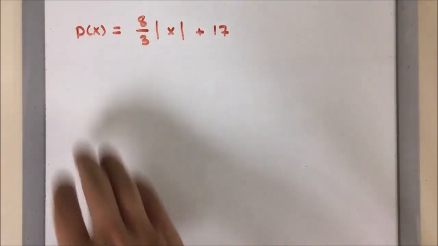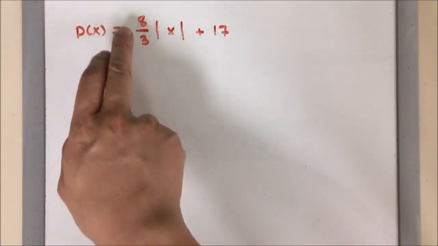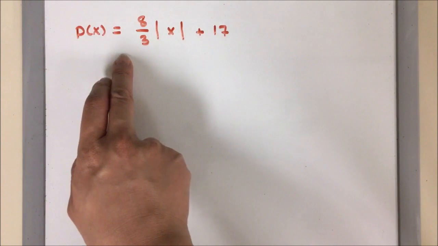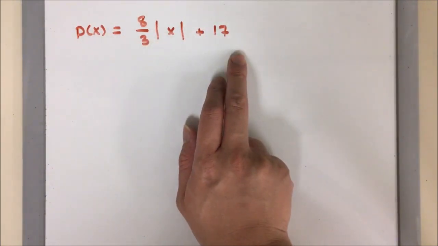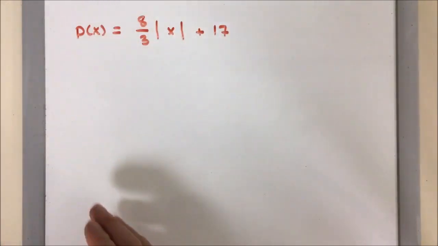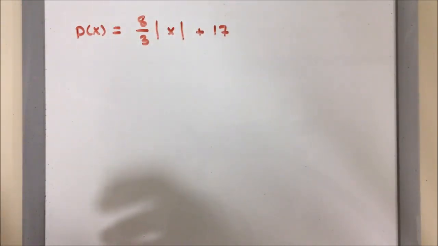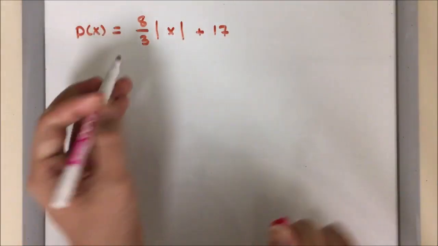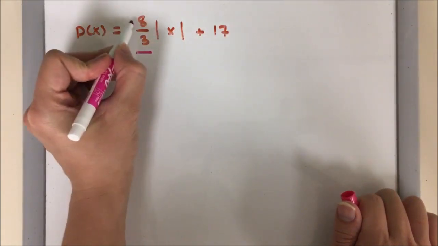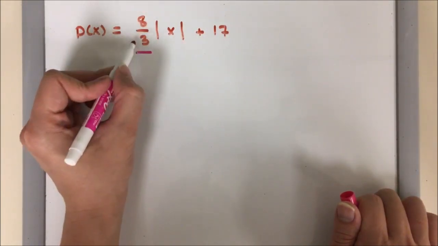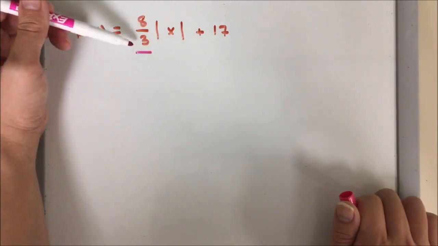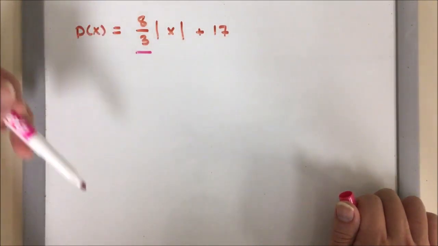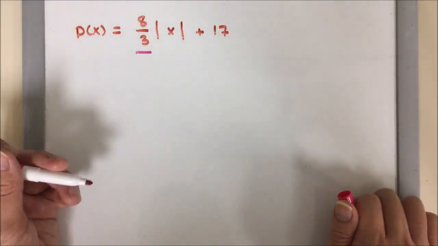In this example, we have p of x equals 8 over 3, or 8/3, times the absolute value of x, and then plus 17. Alright, so starting from the left, I have 8 over 3. So the numerator, the top, is greater than the denominator, the bottom, meaning the top is bigger than the bottom. So therefore, this fraction is bigger than 1.